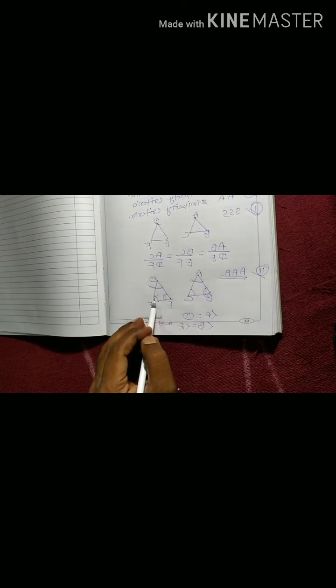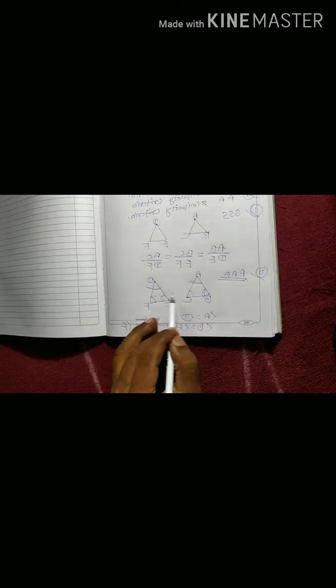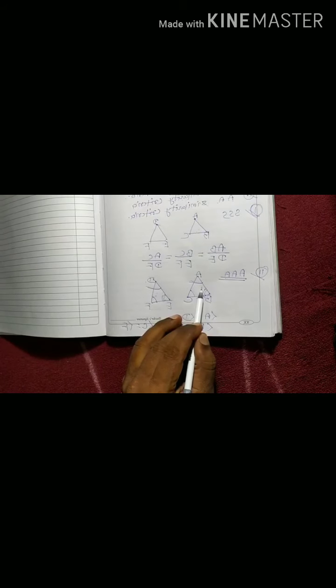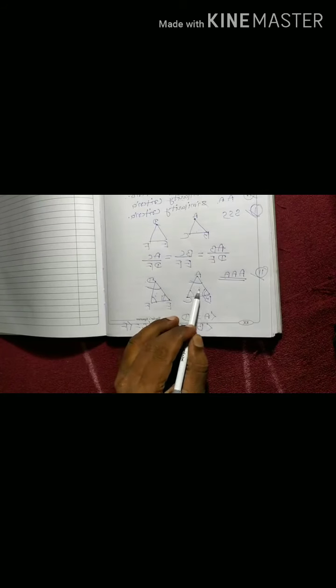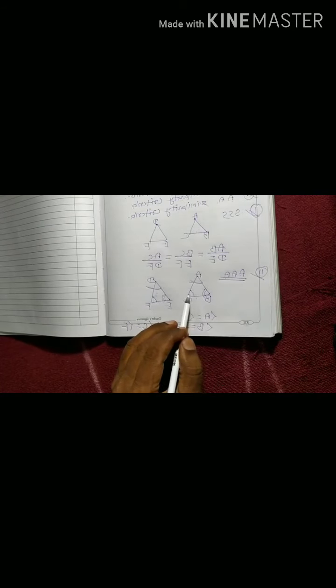In other words, two triangles are said to be similar when all their corresponding angles are equal to each other. And this property of similarity is known as angle similarity criteria.